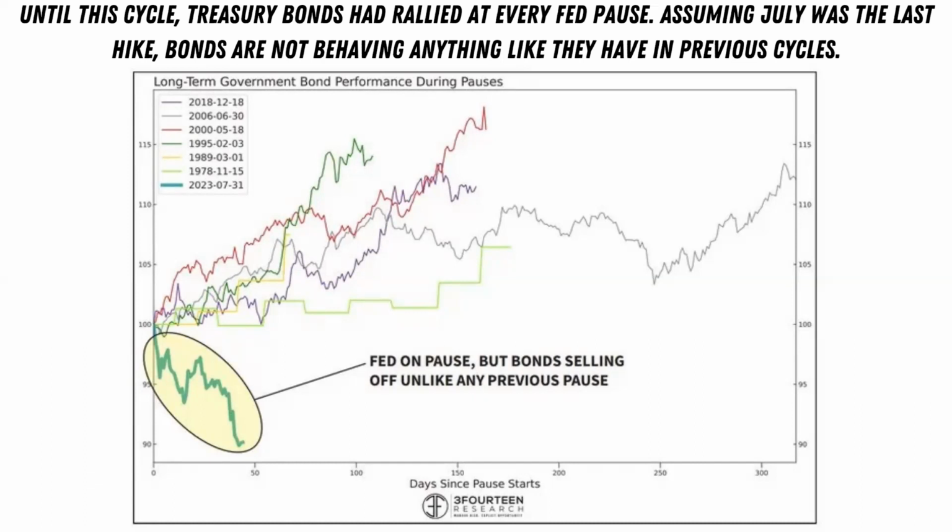Now, one thing to consider is the situation and, basically, the geopolitics of things right now. This whole situation with Israel could be a factor that actually drives the Fed to cut rates.